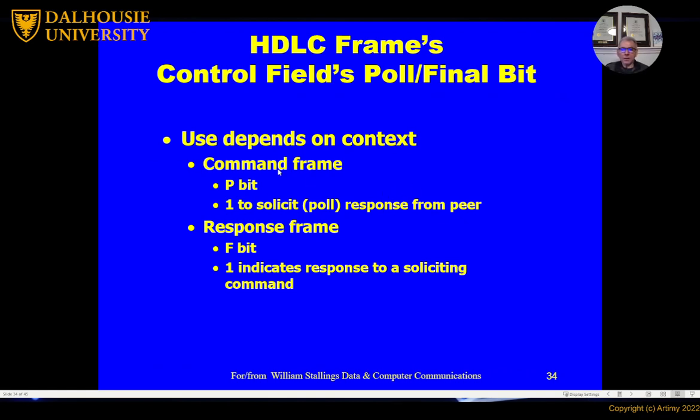So what is that P field? Remember when I said the HDLC main or original use was to communicate between mainframes and peripheral devices. And that's where we need to use the P bit.